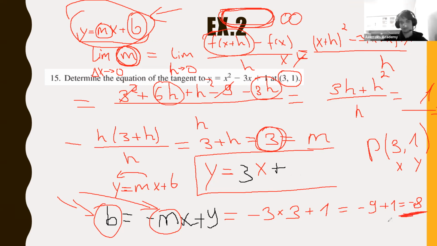Oh, -8. Perfect. So the equation of a line, the tangent to the given curve at a point 3, 1 is y equals 3 times x subtract 8.